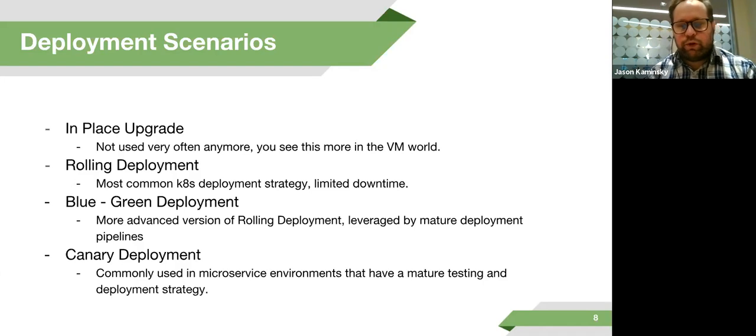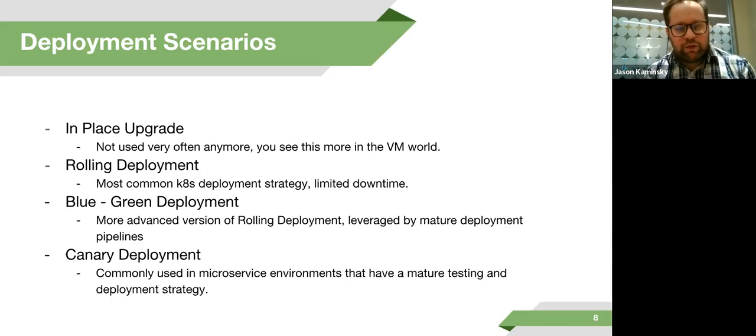So if you're looking for 10 pods to be rolled out, the pattern is one pod will come up, one pod will come off, until there are 10 pods running with the new version.